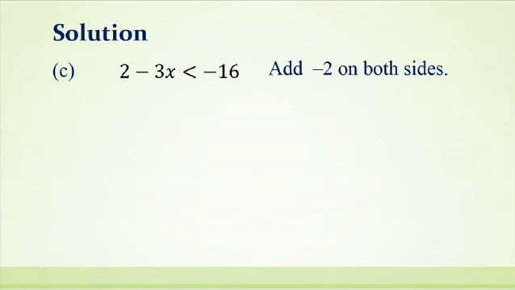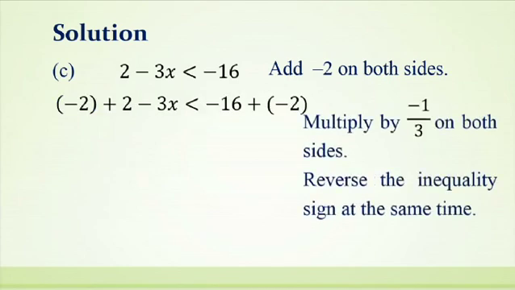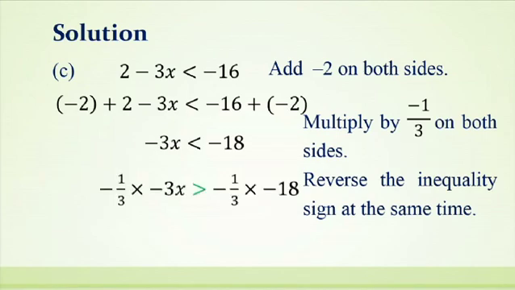So I add -2 on both sides and I multiply by -1/3 on both sides, reversing the inequality sign at the same time, to get x > 6.